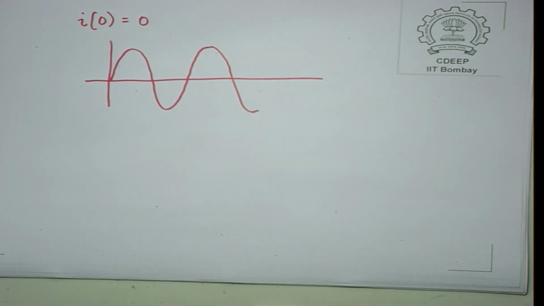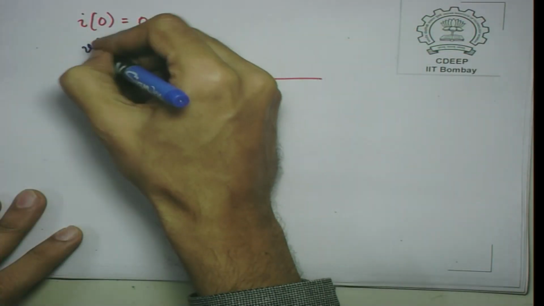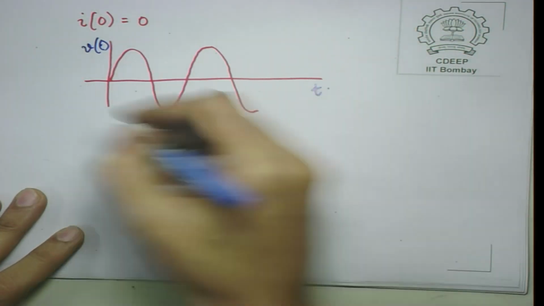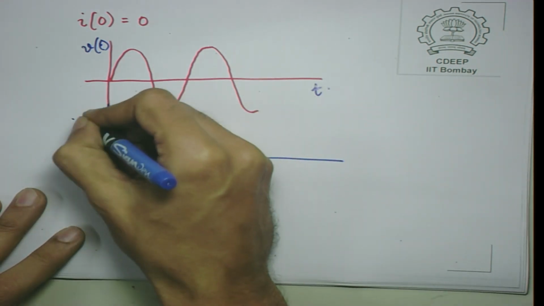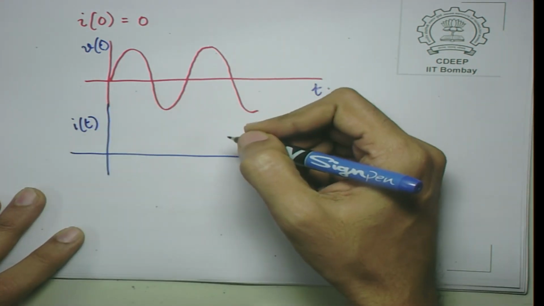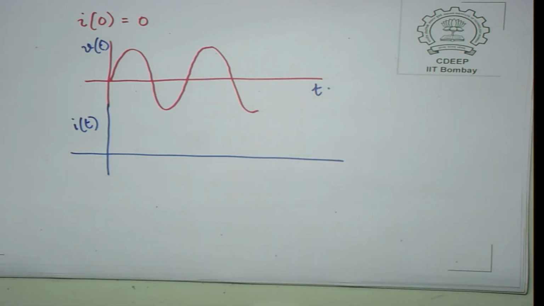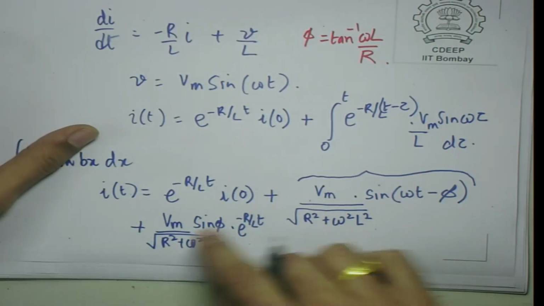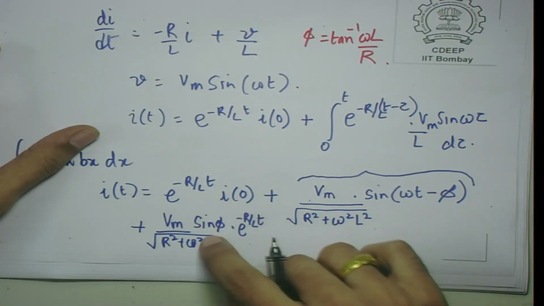What you find is this, the response is a summation of an exponentially decaying response plus the steady state. So this is voltage versus time, but what is the current response going to be? You have one term which is Vm sin phi, if you look at what it was here, this term which is simply exponentially decaying.